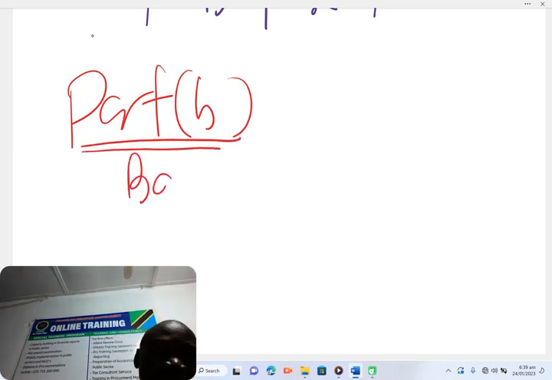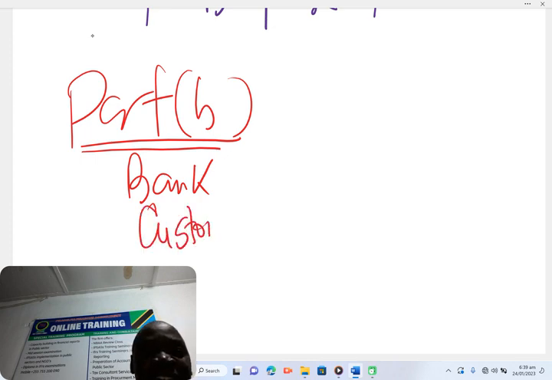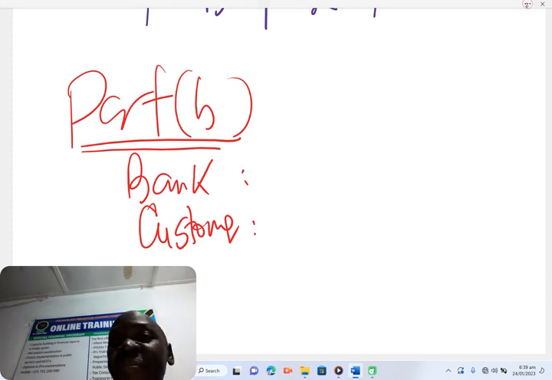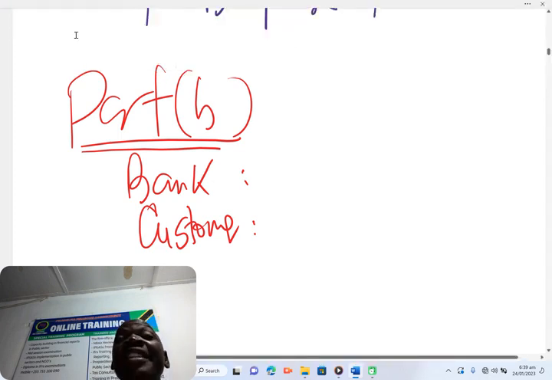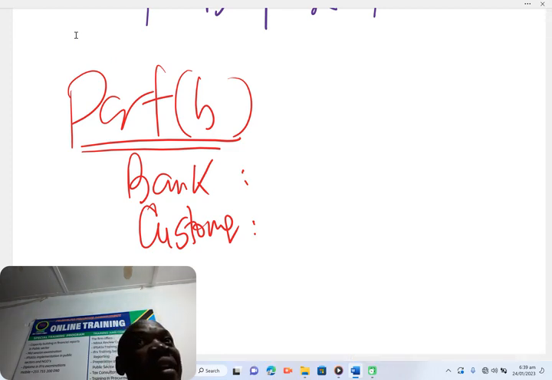So we have bank and also we have a customer. So who is a buyer? Who is a seller? Read the statement first. Compute the cost to a bank. Therefore, a bank is a buyer, isn't it?